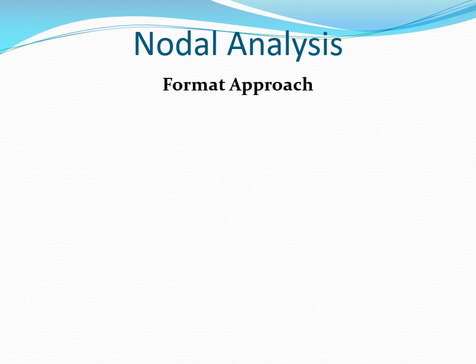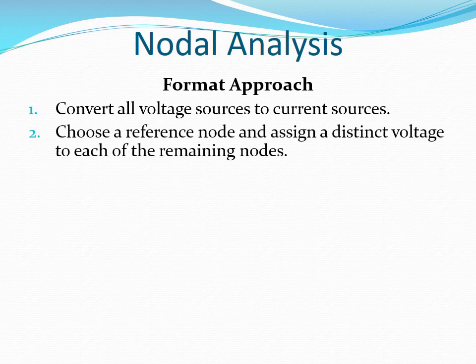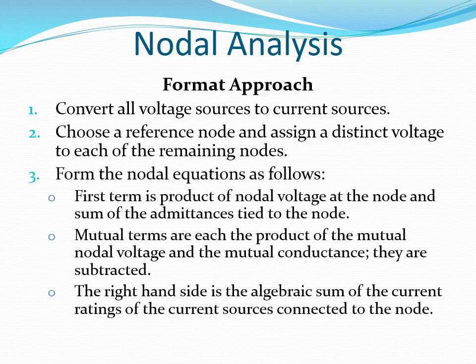The steps when using the format approach are: 1. Convert all voltage sources to current sources. 2. Choose a reference node and assign a distinct voltage to each of the remaining nodes. 3. Form the nodal equations. The first term on the left-hand side is the product of the nodal voltage at the node in question and the sum of the admittances tied to the node.